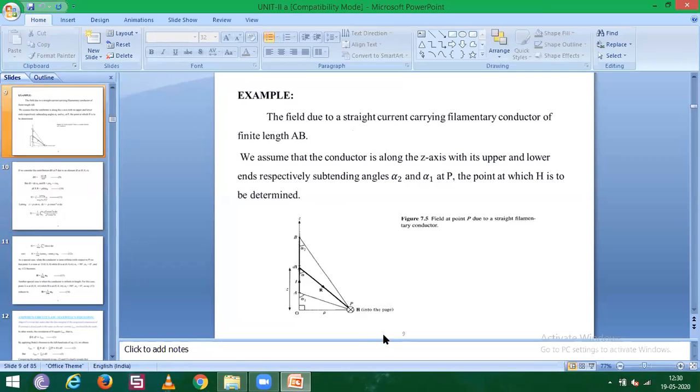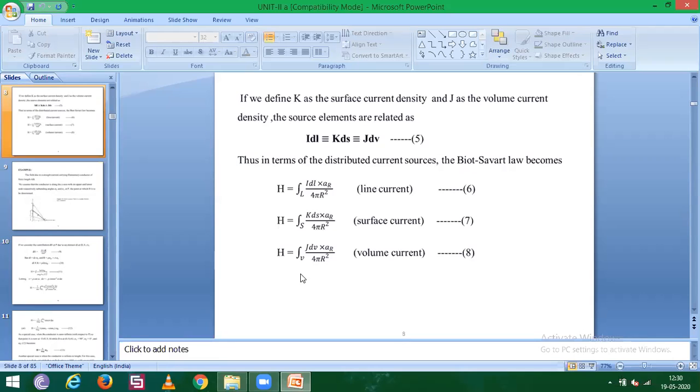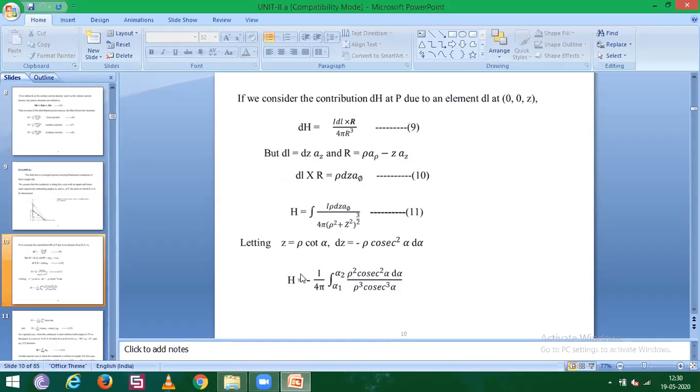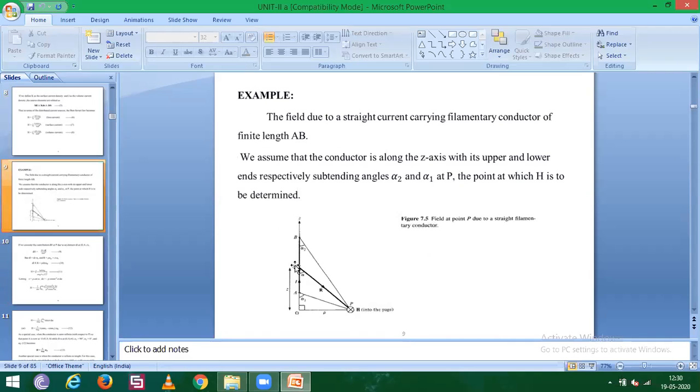So this point is rho comma phi comma 0, and the source point is 0 comma phi comma z, because here the radius is 0 and here the radius is rho, the radius of the cylinder, which is the perpendicular distance measured from the z axis. If we assume this point P is at a distance of rho from the z axis, then rho becomes the radius of the cylinder containing this point P. So the vector from P to IdL can be written as destination point minus source point.